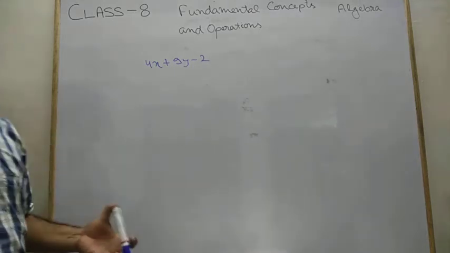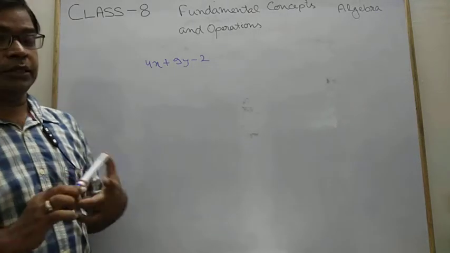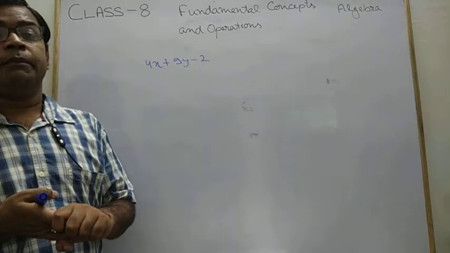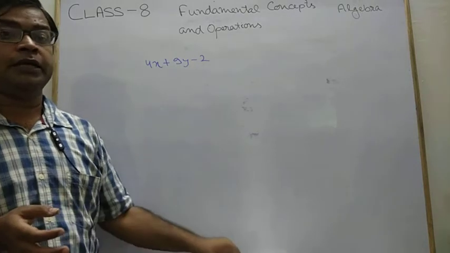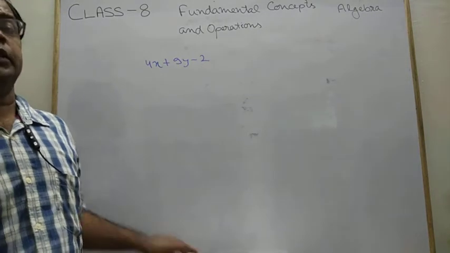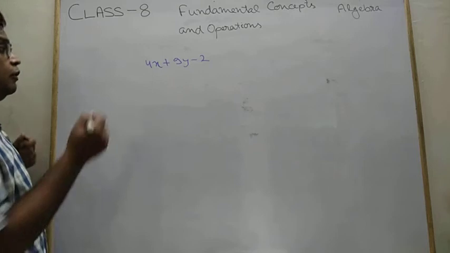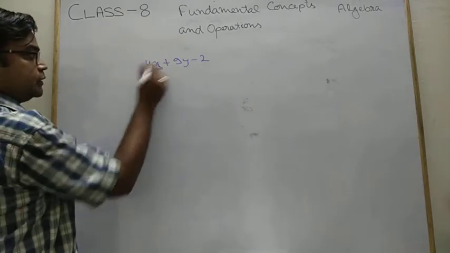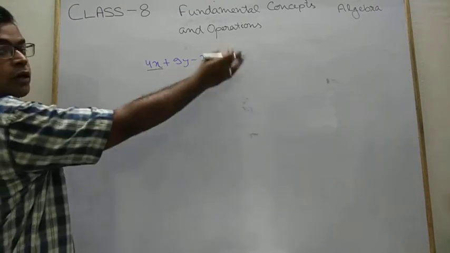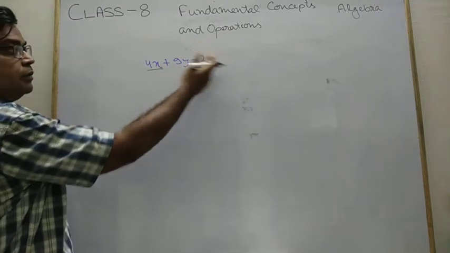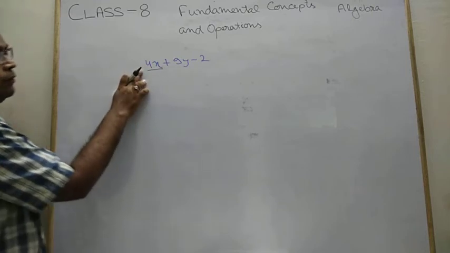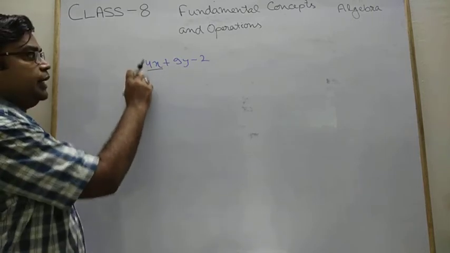In the expression, the part of the expression which is separated by plus or minus is known as your term. For example, in this case, this 4x is separated from the rest of the expression by a plus sign, because in front of the 4x nothing is given, it means it is in plus form.